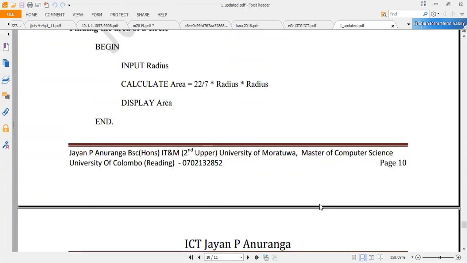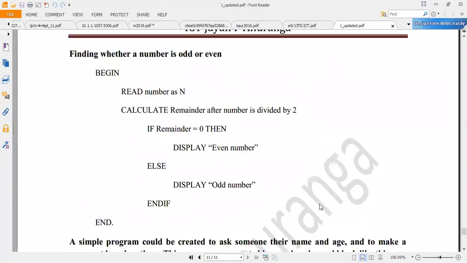Then let's go to another example, finding whether a number is odd or even. There is a selection here. In the second example, begin the pseudocode, then read number as n, a variable. Then the process is to calculate the remainder after the number is divided by 2. If the remainder equals 0, then display even number. If not satisfied, go to the else condition: display odd number.